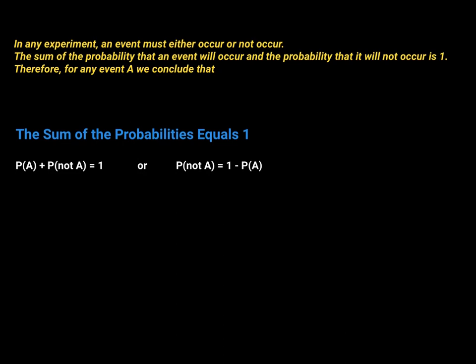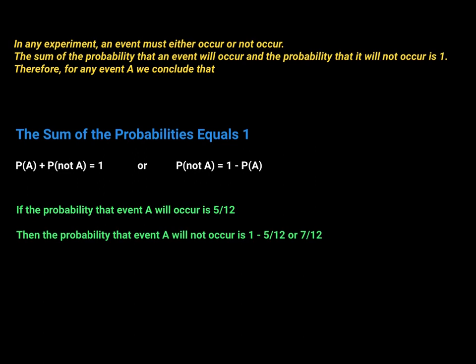So in other words, if we call the event capital A, the probability of A happening plus the probability of A not happening must equal 1. Said another way, the probability of event A not happening is equal to 1 minus the probability of that event happening.